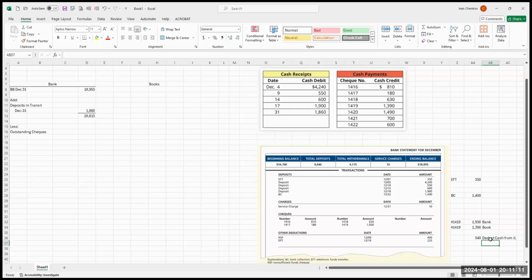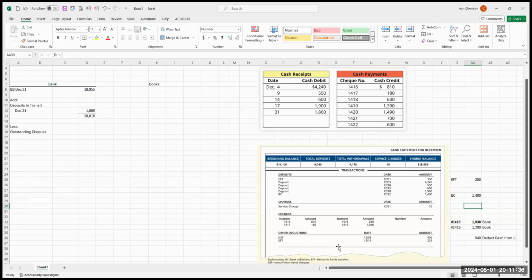We deducted less cash, we recorded less cash than the actual cash taken from our bank account. That mistake doesn't require any adjustment in the bank. We have to do the adjustment in the books, but let's leave it for when we're doing the books. We're just going to mark that we have to deal with this check later on.